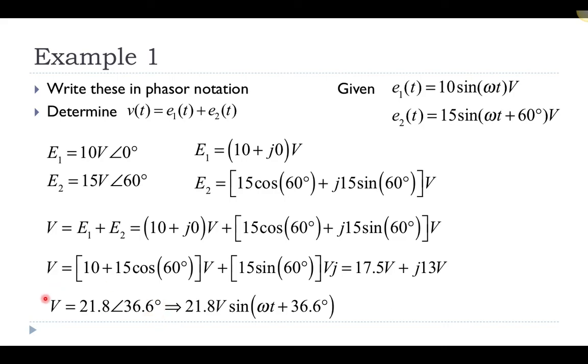So because we're using this phasor notation, I can now write that equivalent voltage in a sinusoidal form as having an amplitude of 21.8 sine omega t plus a phase shift of 36.6. This is exactly what we got when we went through this the other way, using the trig identities and converting everything back and forth.